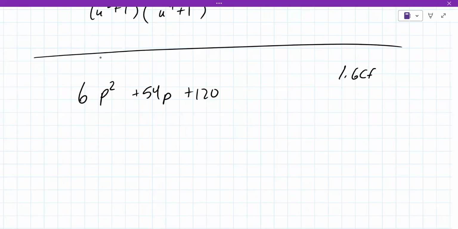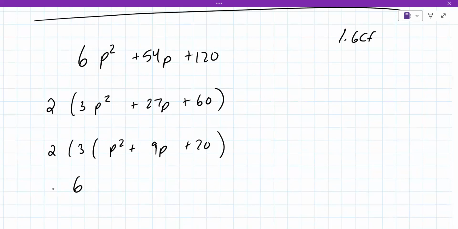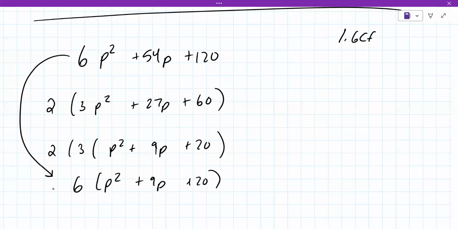So let's just say you didn't know and you guessed 2. Okay, 3p squared plus 27p plus 60. But you said, well, I think 3 goes into all 3. Well, factor out a 3. P squared plus 9p plus 20. And now you can multiply the 2 and the 3. That's 6. And maybe you would say, oh yeah, I should have known that it was 6. P squared plus 9p plus 20.